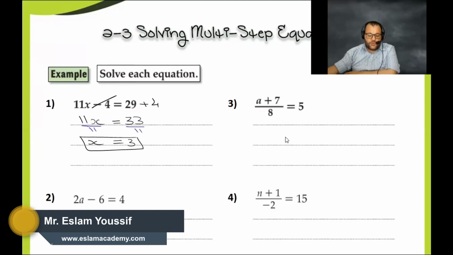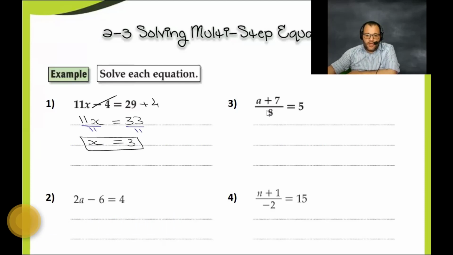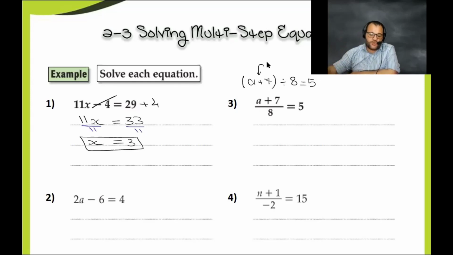Okay, so question number 3. Multiply by 8 on both sides. We have addition and division. Why do we choose to multiply instead of adding? Because if you rewrite it, you can write it as a plus 7, all divided by 8, equals 5. So we have an operation inside the bracket, and that is the last one that we did.